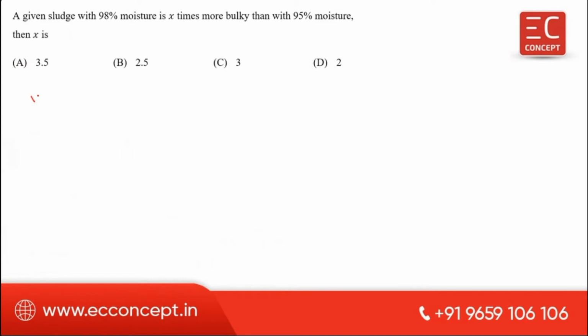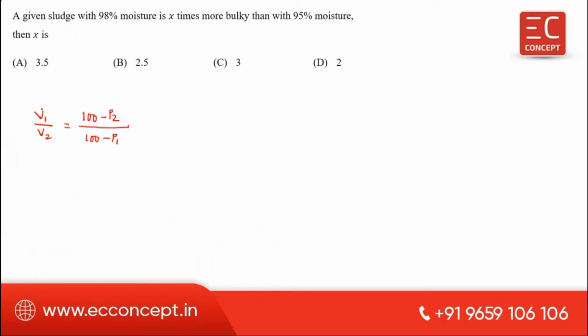We know that the volume of sludge in different states, let us take V1 by V2, which is equal to 100 minus P2, percentage of water in the second volume, over 100 minus P1, percentage of water in the first volume. And they said the given sludge with a 98% moisture content is X times more bulky.